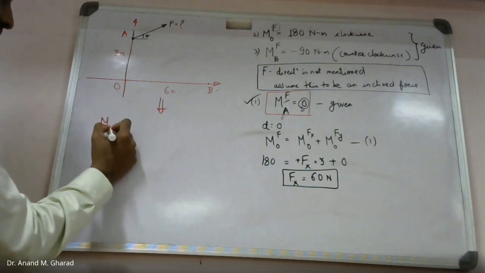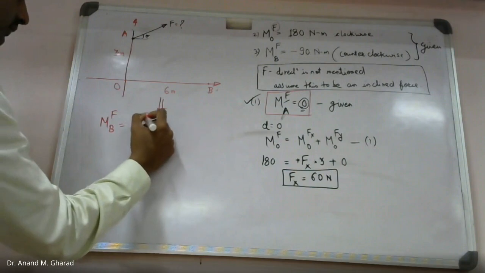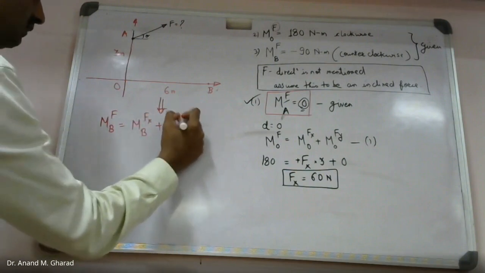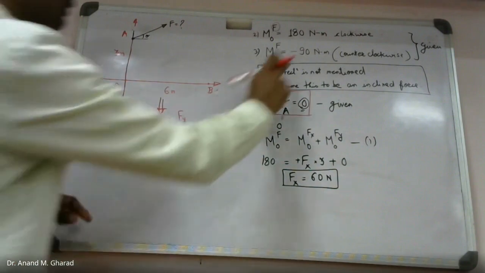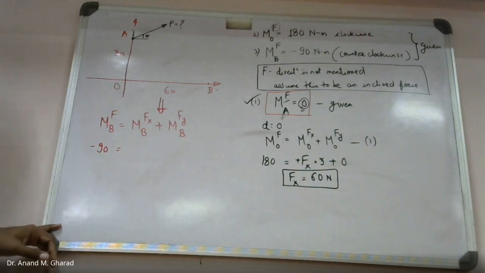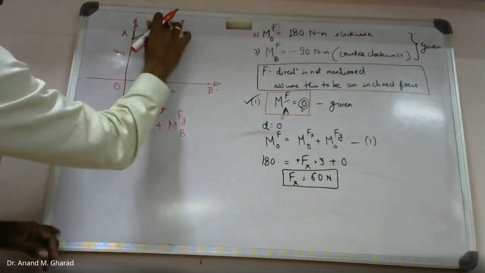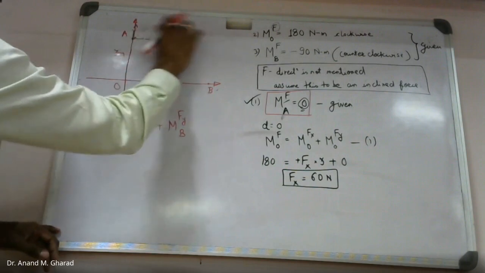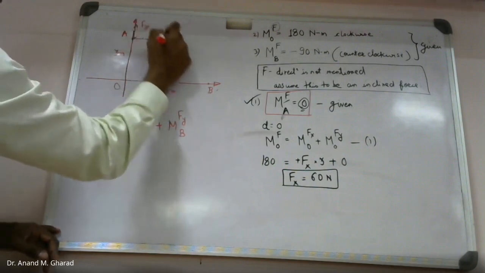Moment about point B due to F. Fx, Fy, B. What is the value? It is minus 90. Okay. This is Fx, Fy.